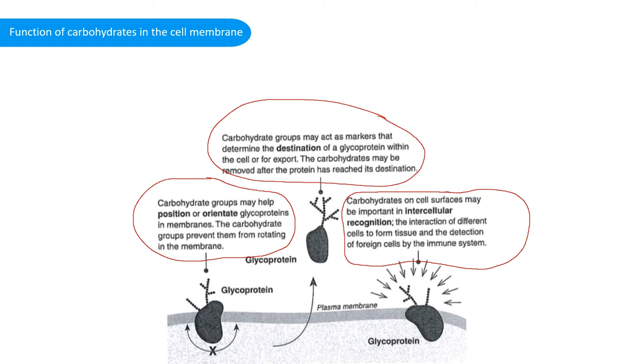So let's take this first one down here, which links to our work on infectious disease. Carbohydrates on cell surfaces may be important in intercellular recognition. So basically, it's what we learn in cell biology. It's cells recognizing each other. And hopefully you can remember the sort of glycocalyx.